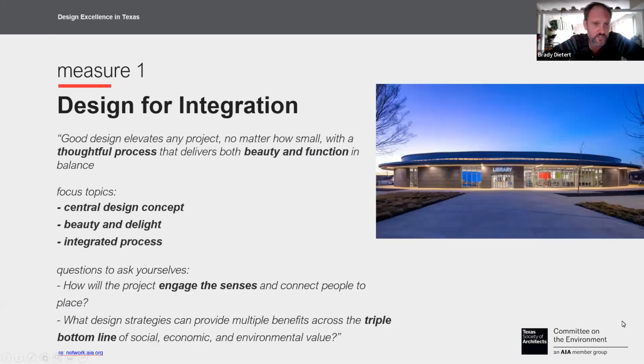So design for integration, the first one, I think, is something that all architects learn when they go to architecture school and they work under a very good architect who teaches them that you need to take all the aspects of the program and the client's needs and the community's needs, and integrate them into something that's beautiful, a central concept.